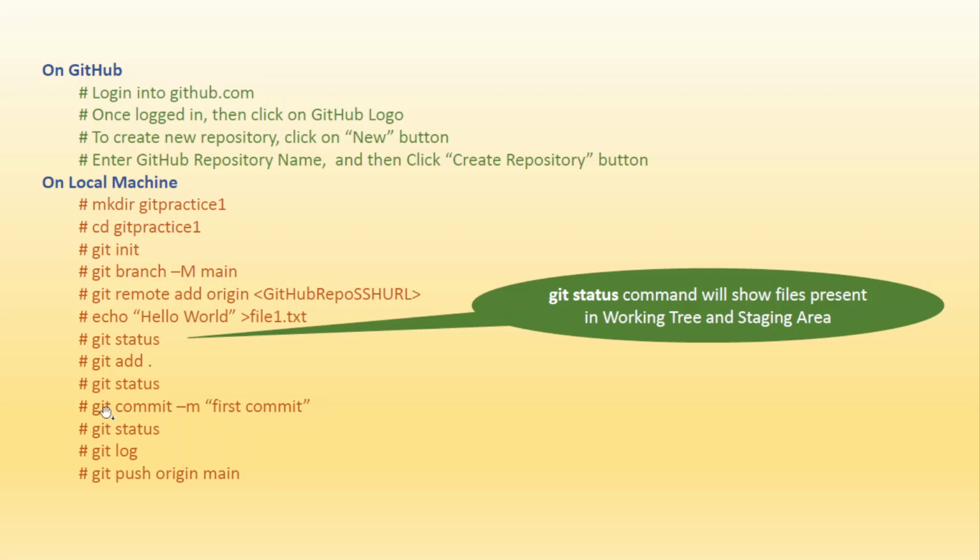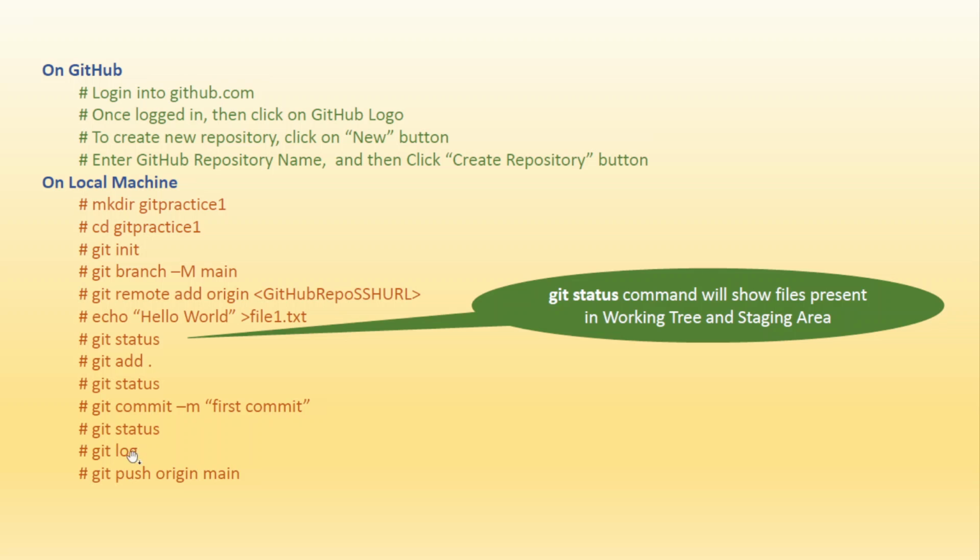And once it does, we would be running git commit -m, and I'll give the comment as first commit. After that I would again run the git status command. The working tree should be clean, since the file is already part of the branch once we commit it.